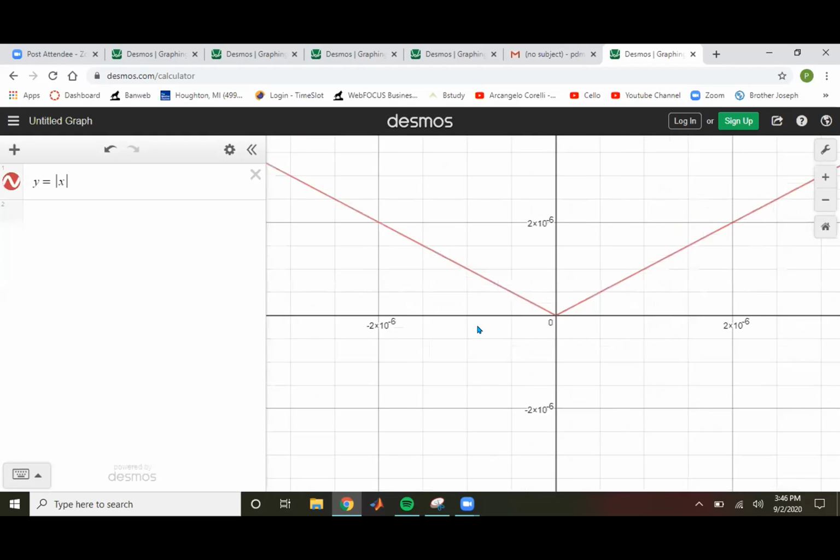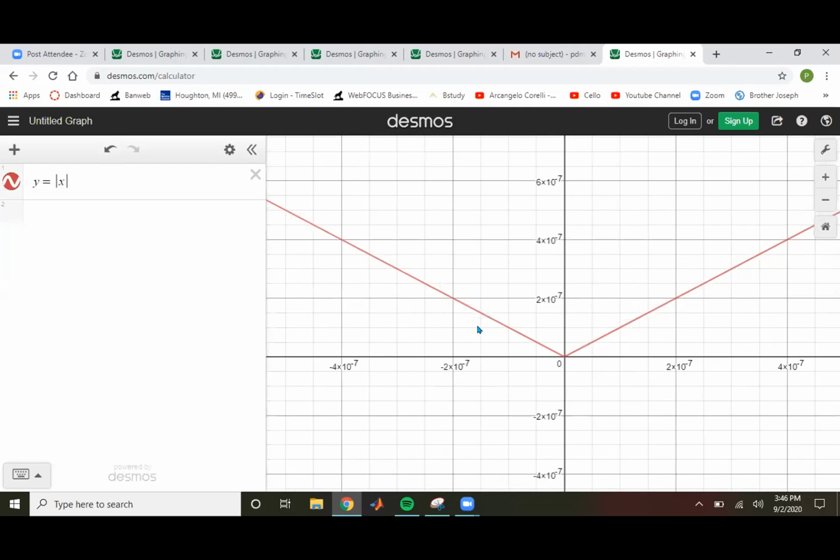Okay, zoom in forever and ever. Yep, anywhere else you can zoom in and it looks like a line, but specifically at x equals 0, it looks not linear. Yep. Well, we don't know what differentiation means yet.